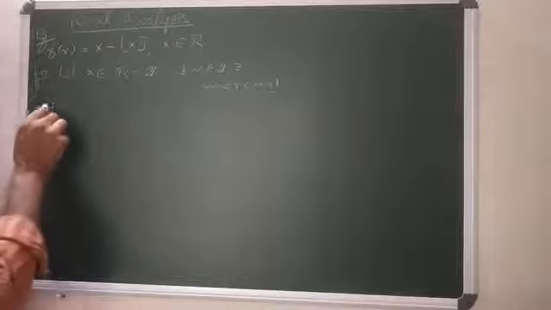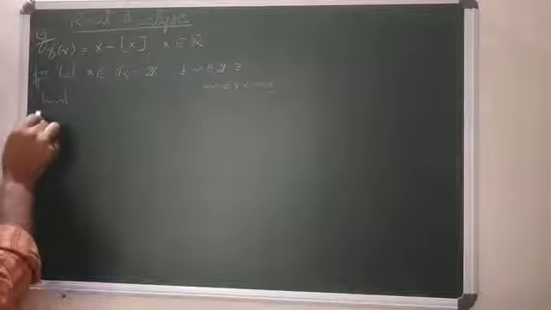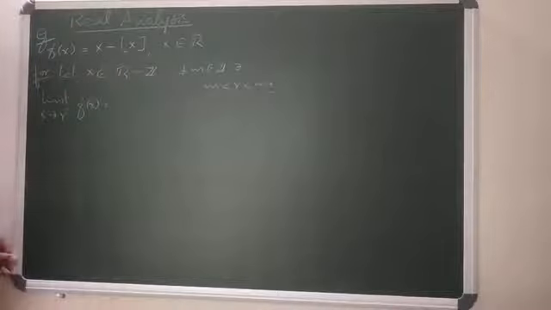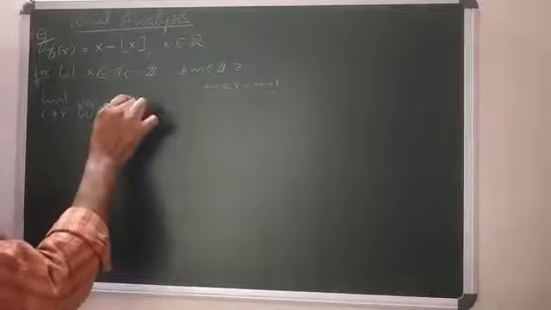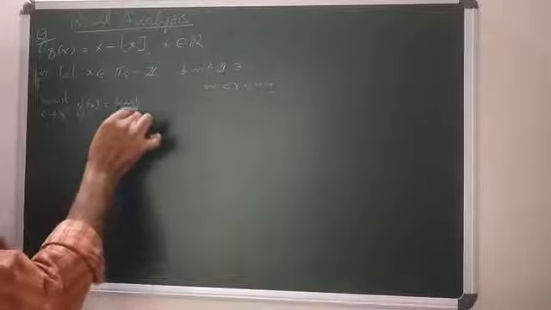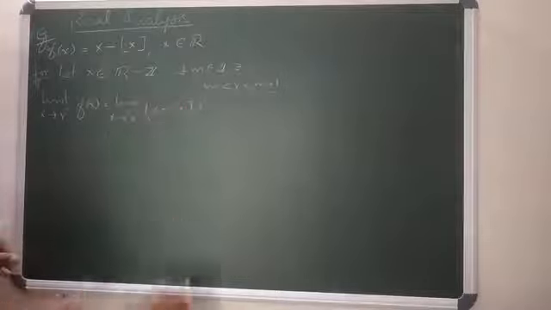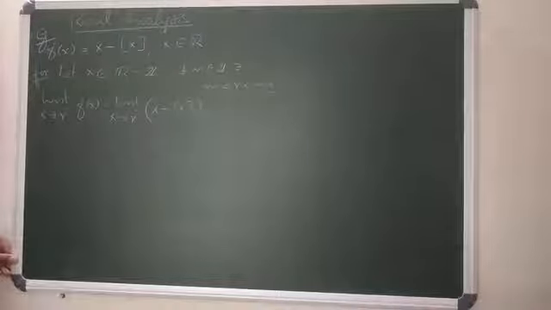Now, what is the limit as x tends to r minus of f of x? It is nothing but the limit as x tends to r minus of x minus the greatest integer x.